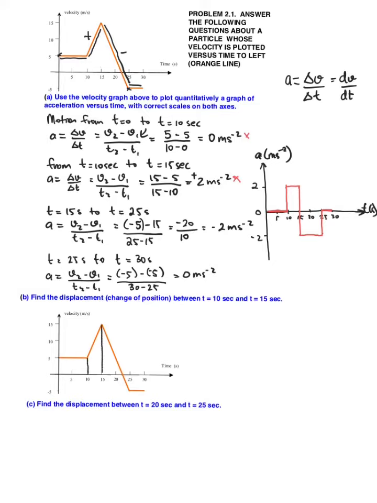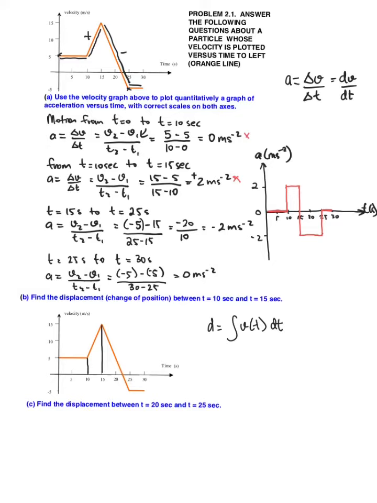Basically, to find the displacement, it's the integral of the velocity versus time graph with respect to time. Don't worry too much about that.